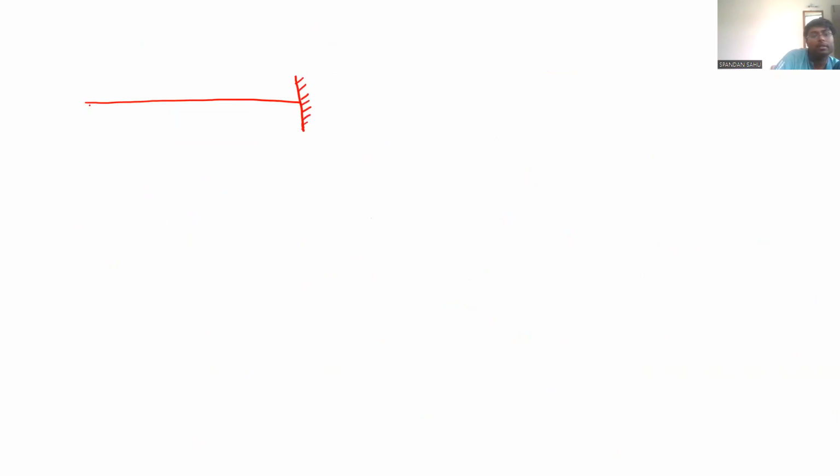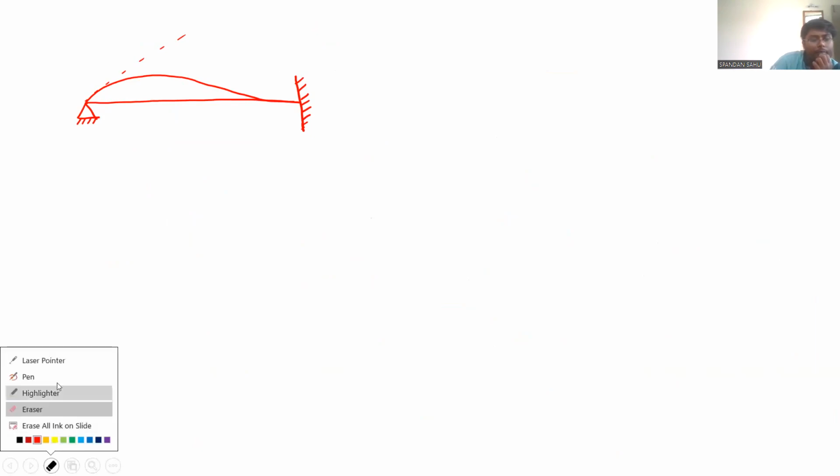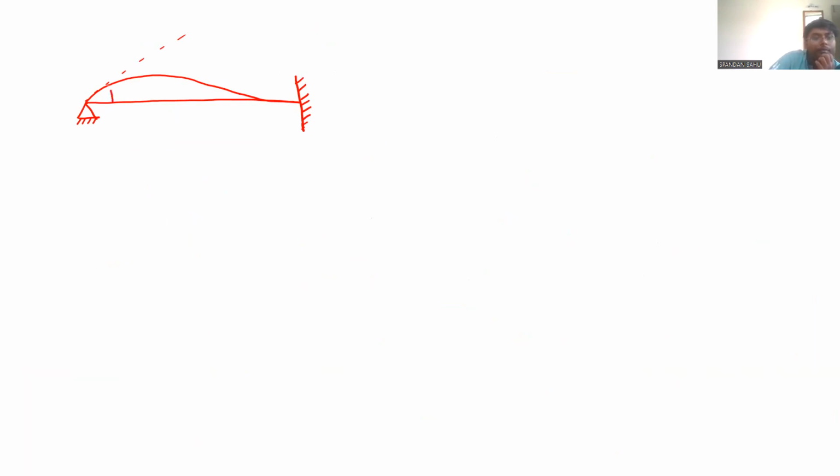What will be the hinge condition, hinge or roller? Here theta 1 is 1.